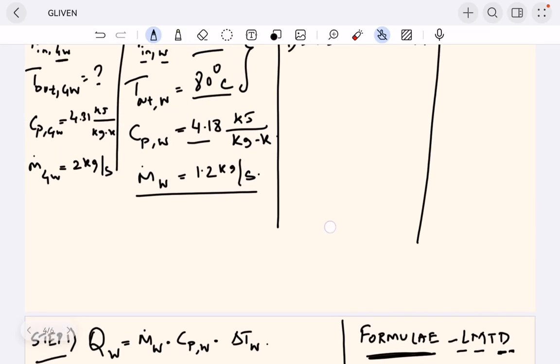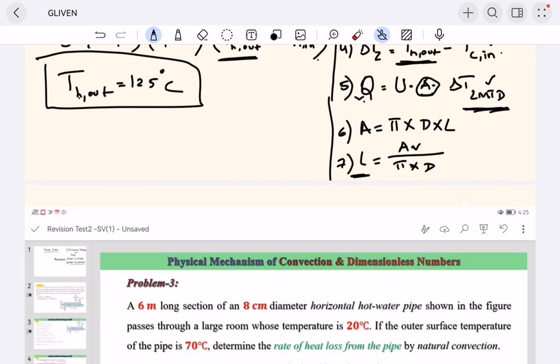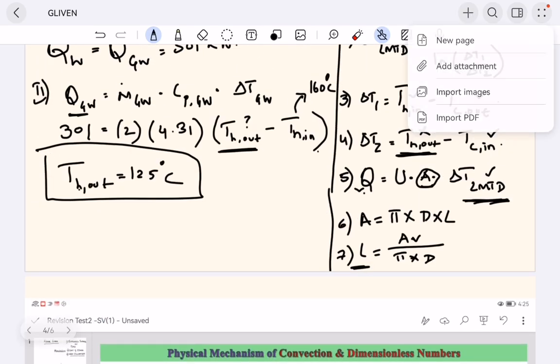So let's go back and write here. Now I have determined the T out. It's 125 degrees Celsius. Right. So pretty much we are good to proceed forward. We have all the data.